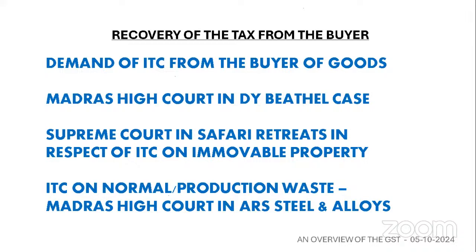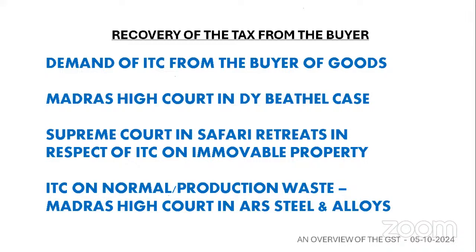Then the blocked credit, the most important item is in respect of ITC on immovable property. For construction, you will have steel, cement, bricks, etc. All those materials which are used for the construction of immovable property, or ITC paid with respect to payment to contractors, was blocked.